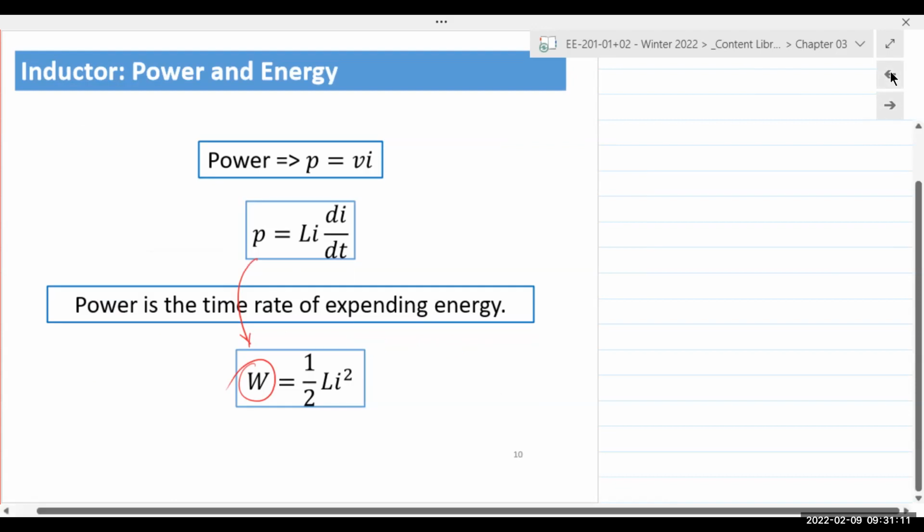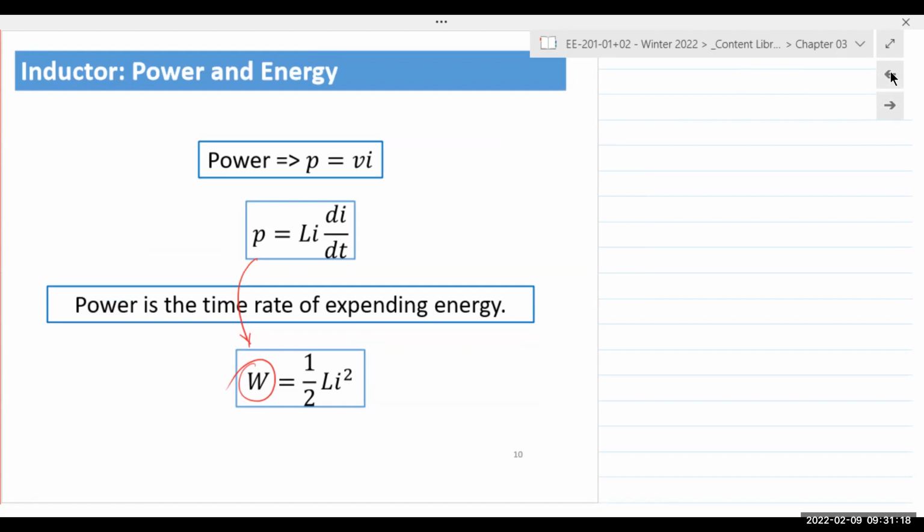Okay, any questions about the inductor? Yes. Yep. You simply integrate. We simply integrate between the time interval, sum everything up basically.